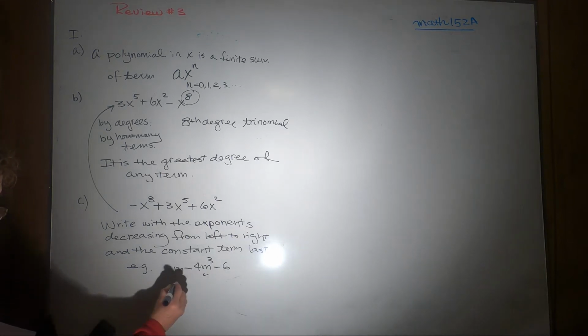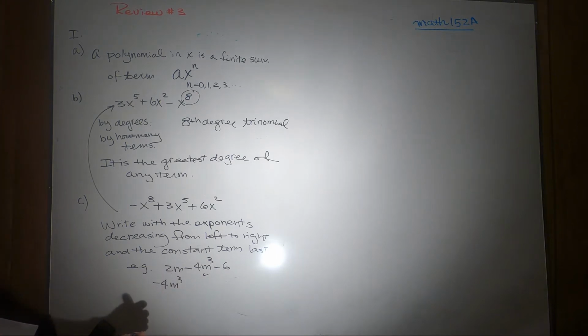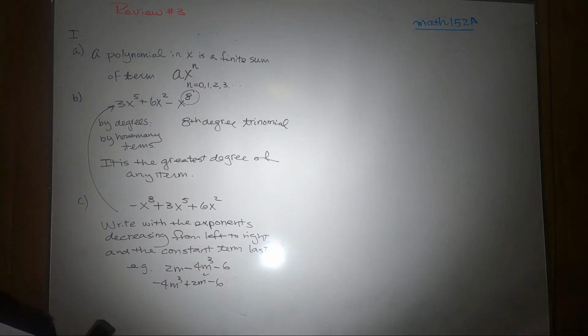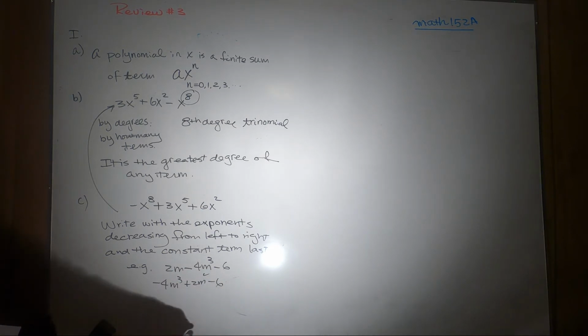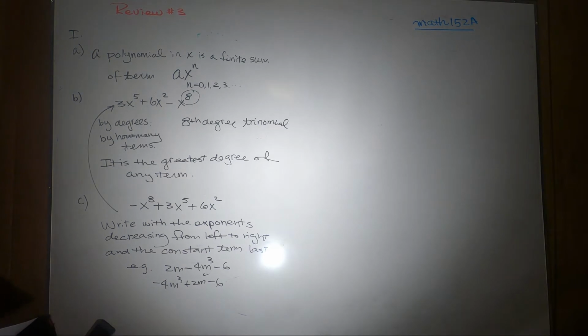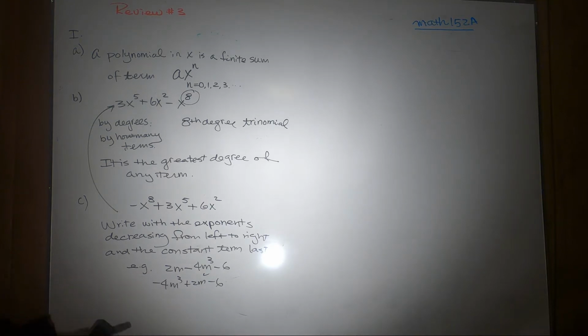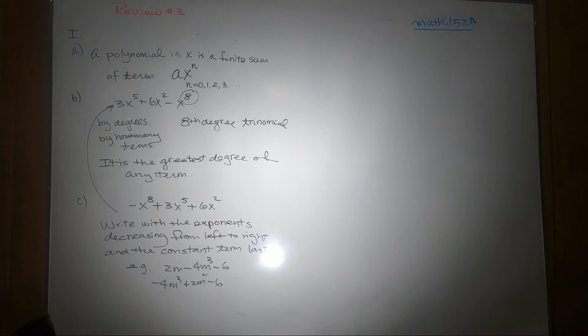Highest one, so you will write minus 4m cubed plus 2m minus 6. Then we would describe this polynomial by degree and by terms. So you would say it's a third degree trinomial, right?